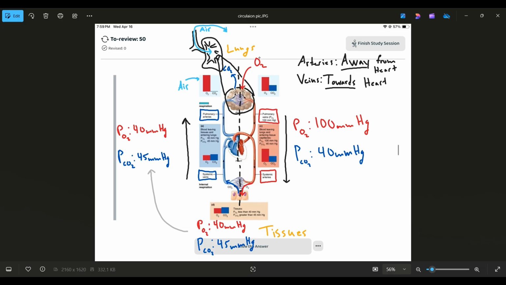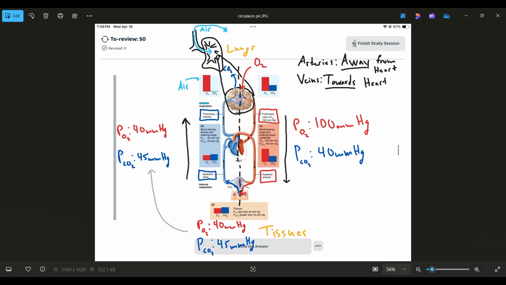For a similar reason, the O2 is going to move in because there is a lower pressure of O2 in the air than there is in the capillaries right here. So oxygen gas moves into these capillaries.